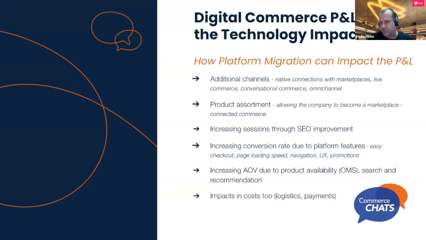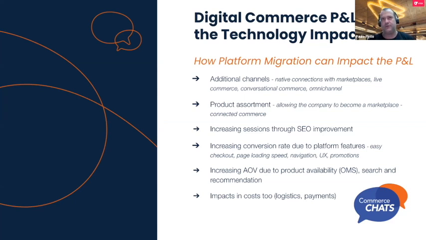Payments, let's say the platform has better deals with payment providers, and then it can bring that payment discount to you as a digital commerce operator. So these are some of the impacts that technology can bring.